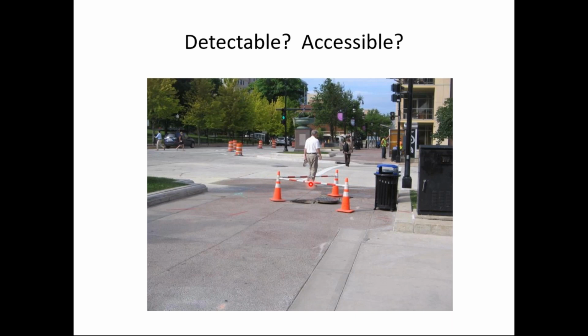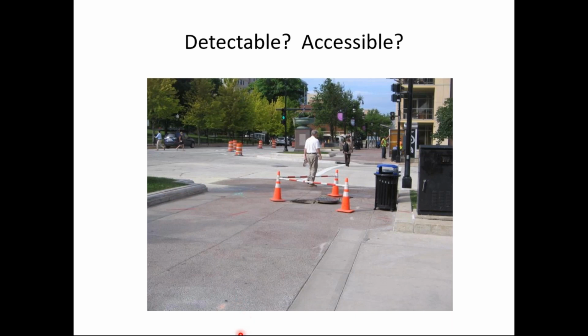But this arrangement here of these bars or barricades is a detectable device. Personally, I would move it farther from the opening. I think it's too close to the opening, but that would be a detectable device, and there is sufficient width here that someone in a wheelchair or a walker can get through. So this is accessible.